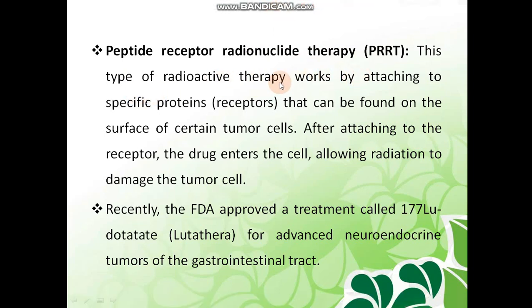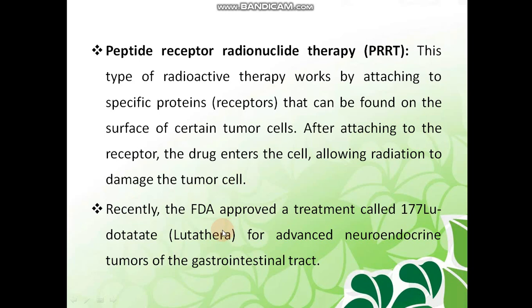This type of radiotherapy works by attaching to specific proteins. The radioactive material will go and attach to a receptor located on the cancer cells. It will only attach to the cancer cell receptors and damage the tumor cells. After attaching to the receptor, the drug enters the cell, allowing radiation to damage the tumor cells.